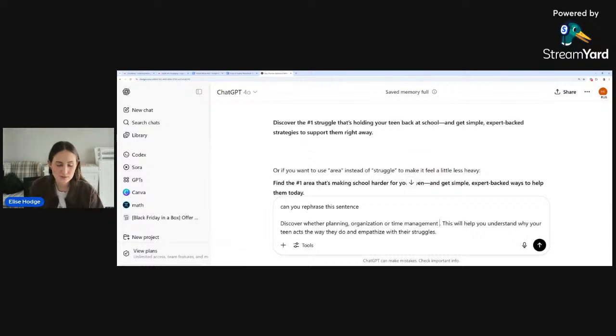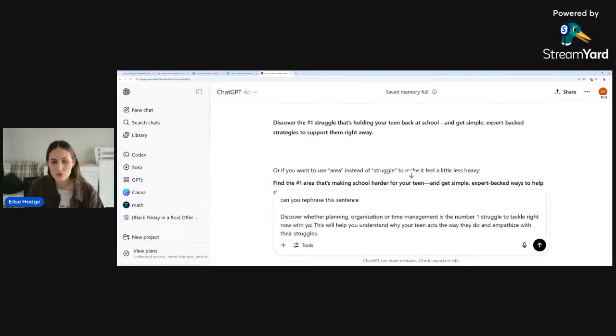This is not good formatting, but I'm just going to write it out, brain dump it. Discover whether planning, organization, or time management are the number one struggle to tackle right now with your teen. Okay, so rephrase the sentence so this makes sense.